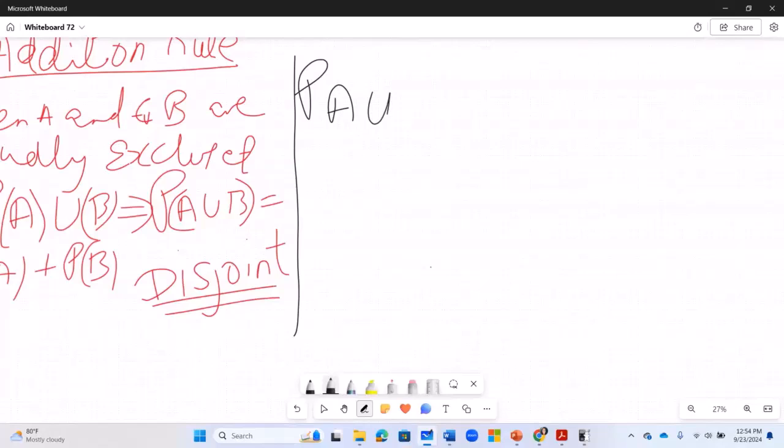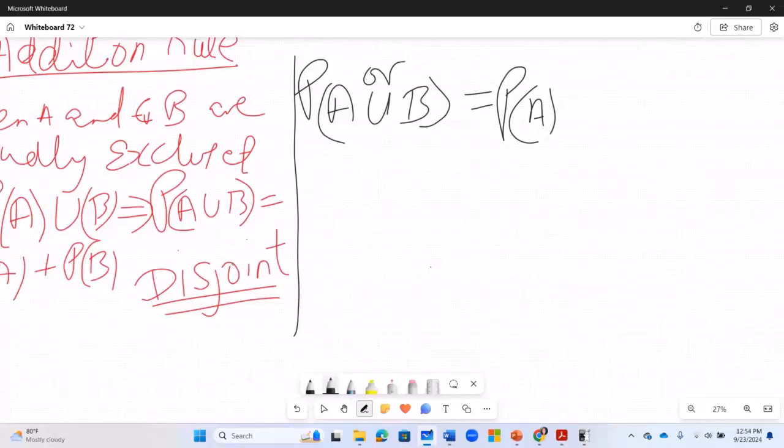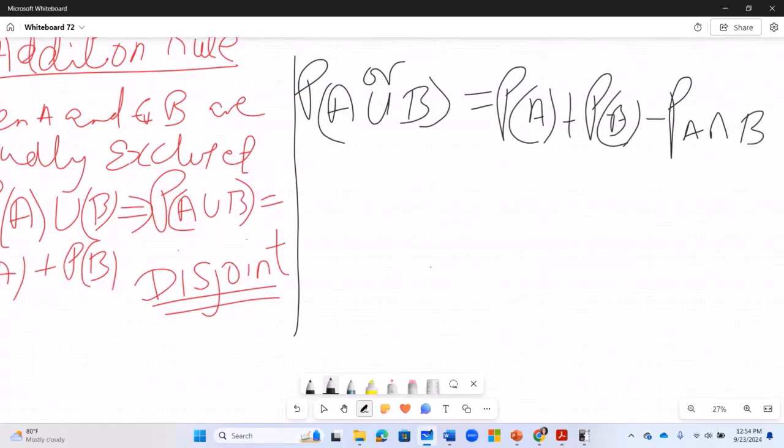The probability of A union B, and union means "or" by the way, is equal to the probability of A, which I already wrote before, plus the probability of B. Even if somebody says minus the probability of A intersection B, this intersection has to be 0.